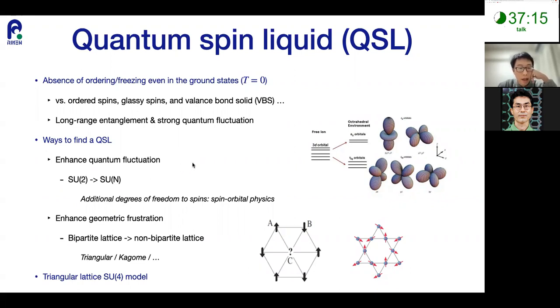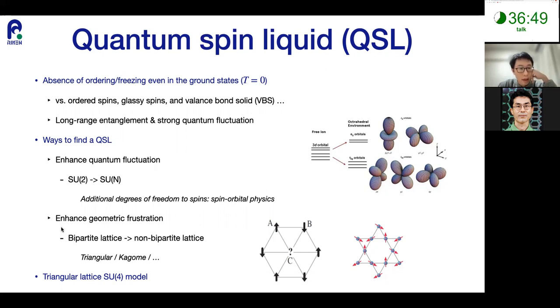Also, we can consider involving additional degrees of freedom to the spins. For example, we can consider degenerate orbitals added to the spin system and enlarge the symmetry of the system to enhance the quantum fluctuation.